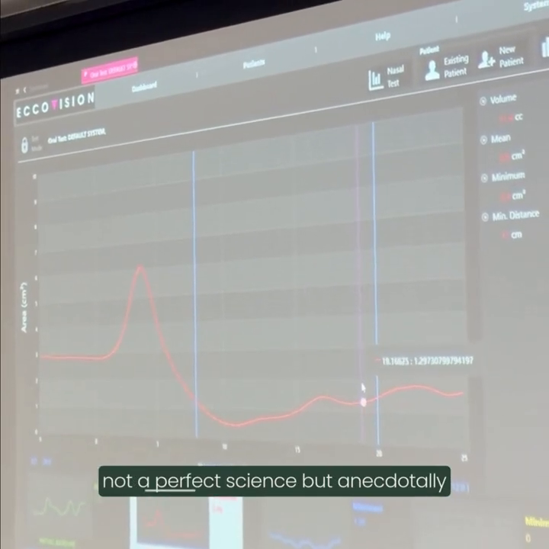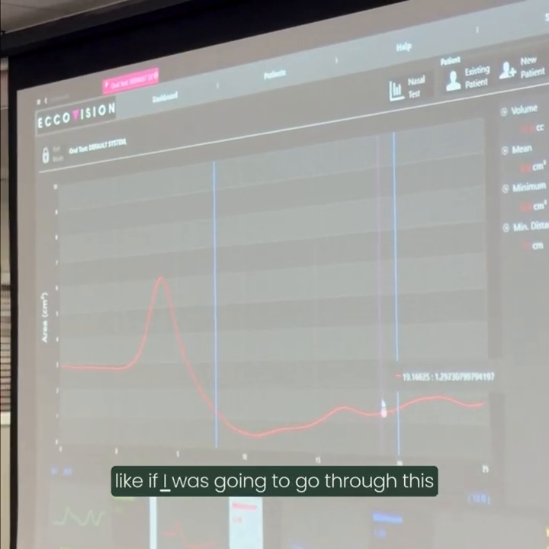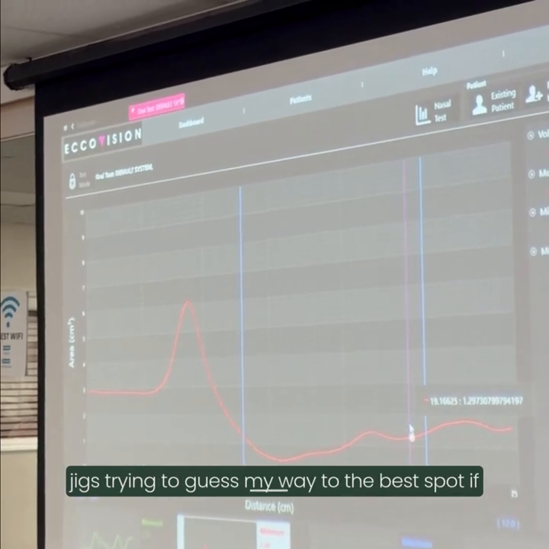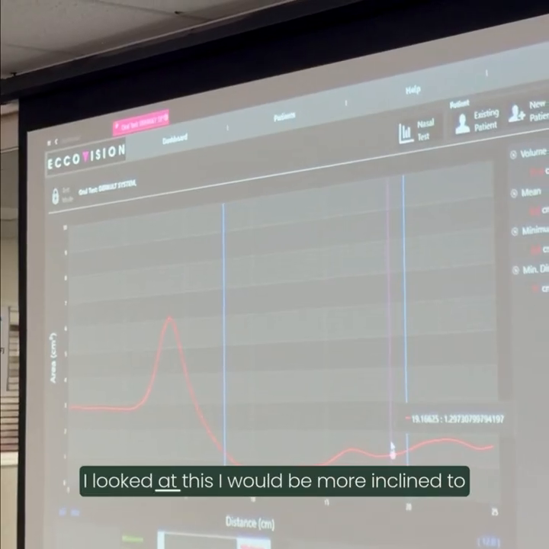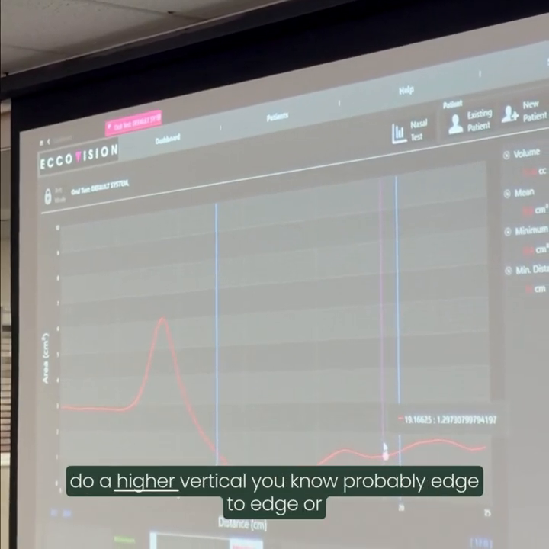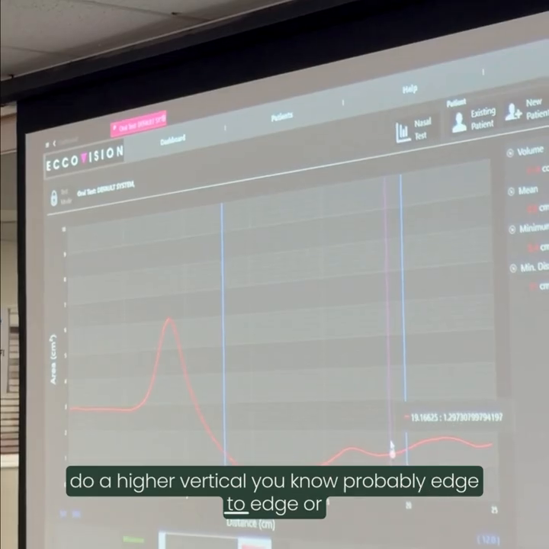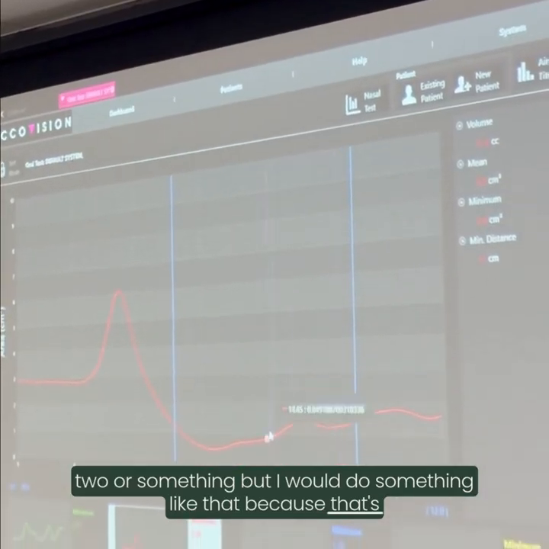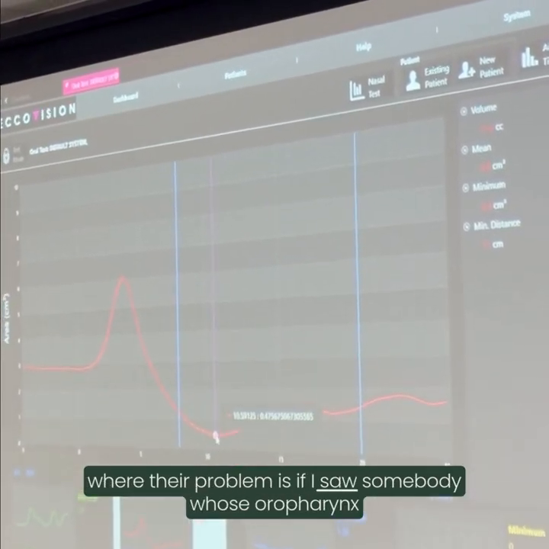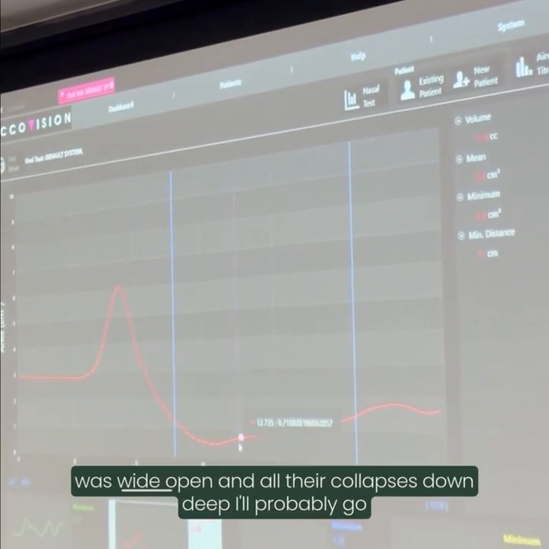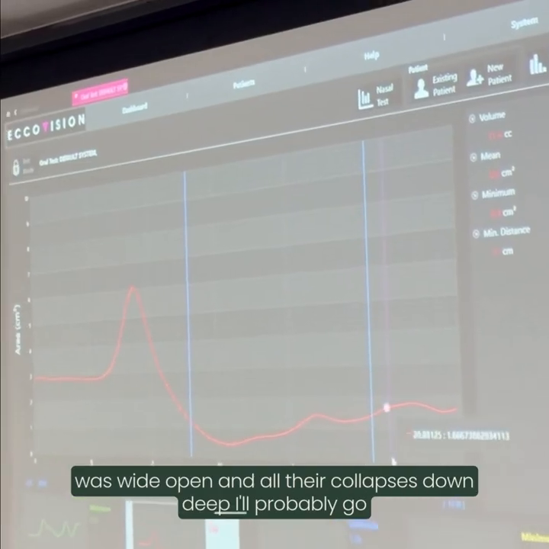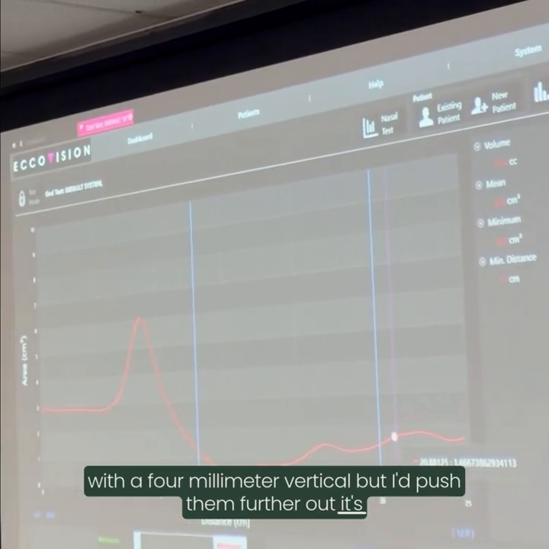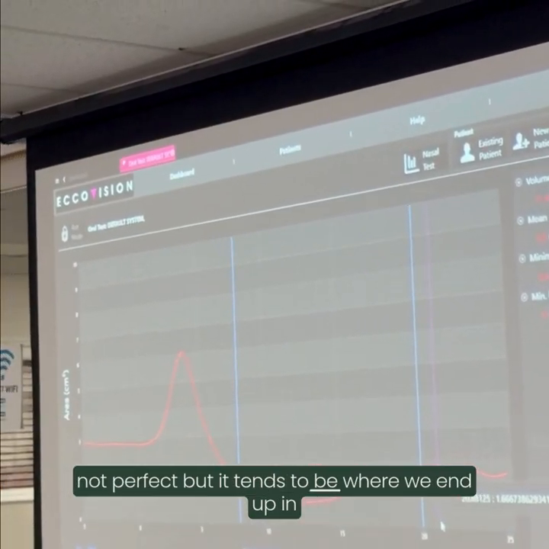It's not a perfect science, but anecdotally, instead of working through 15 different jigs trying to guess my way to the best spot, if I looked at this, I would be more inclined to do a higher vertical, probably edge to edge or +2 or something, because that's where their problem is. If I saw somebody whose oropharynx was wide open and all their collapse is down deep, I probably would go with a 4mm vertical, but I'd push them further out. It's not perfect, but it tends to be where we end up.